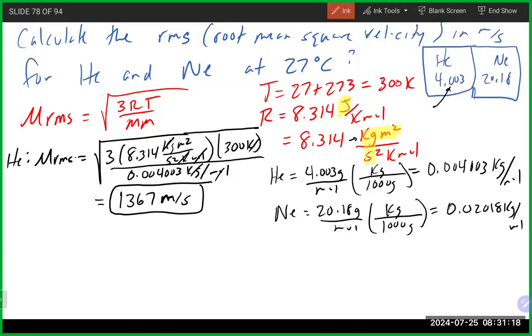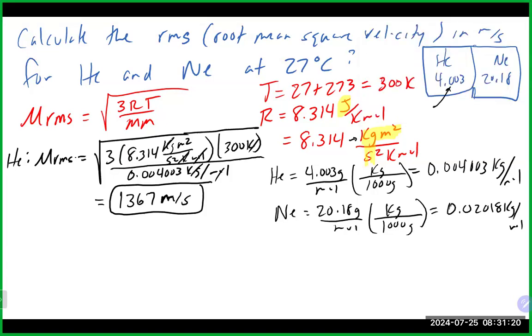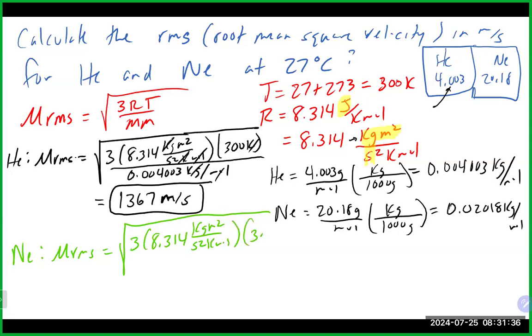Now, if we do pretty much the same calculation for our other gas that's in that mixture, which is neon, root mean square velocity will be calculated as 3 times our 8.314 kilograms meters squared per second squared Kelvin mole, our 300 Kelvin divided by, again, its molar mass in kilograms per mole.